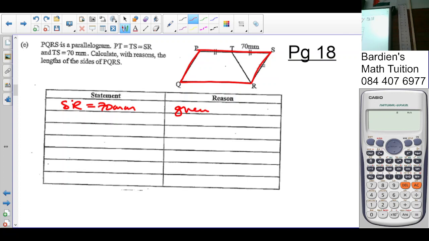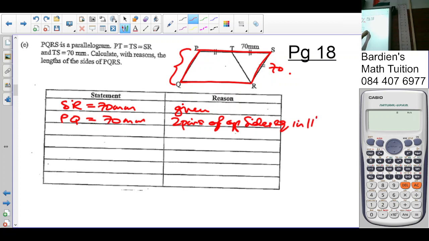It's given. So PQ is equal to 70. Why? Two pairs of opposite sides equal in a parallelogram.